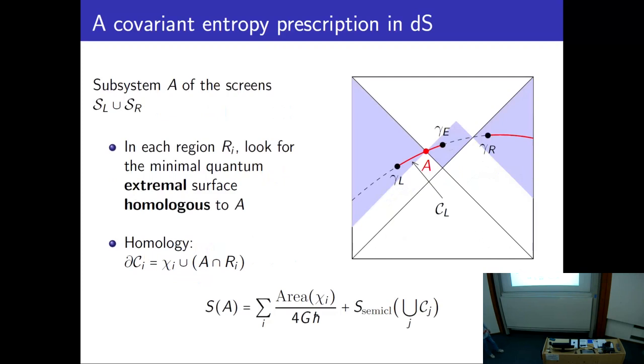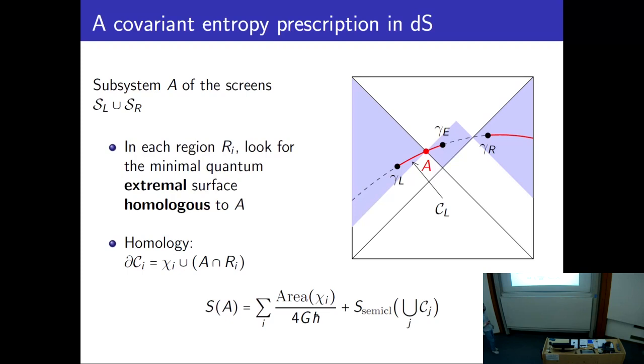To be a bit more precise, if I consider some subsystem of the two screens, SL and SR, and I want to compute its entropy, here the subsystem is depicted by a red dot on the left screen, I look in each of the blue regions for a minimal quantum extremal surface that is homologous to A.